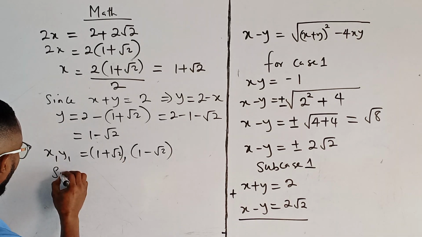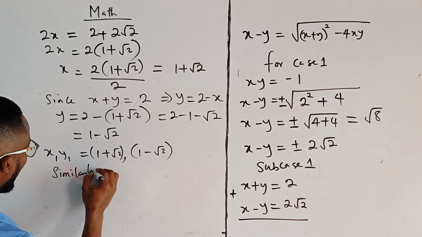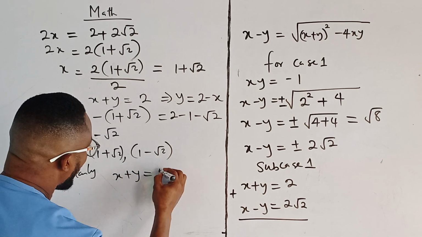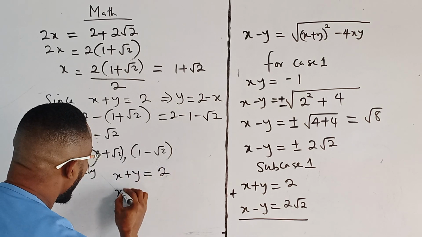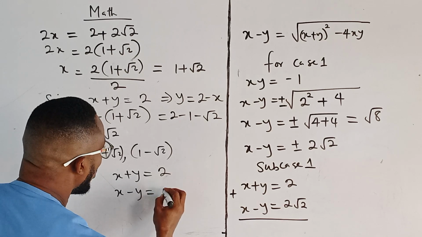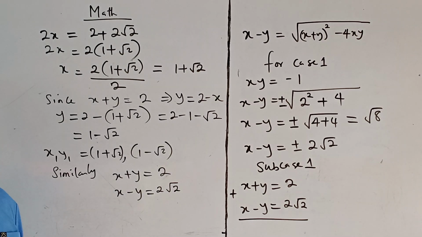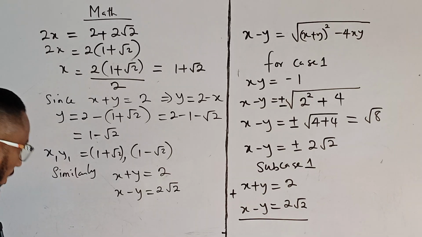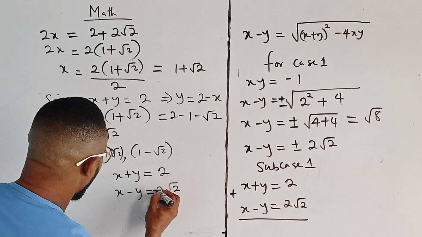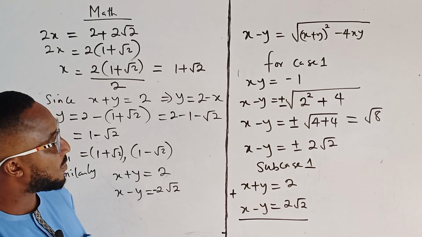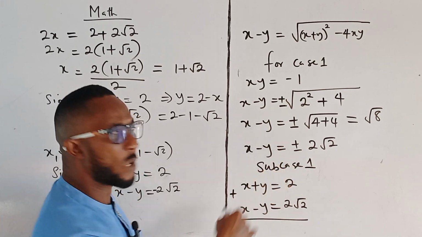Similarly, x plus y equal to 2. Then we have x minus y equal to 2 rad 2. Supposed to have called this one subcase 2, regardless. Then I'm going to have a negative value here because we said that the square root of 8 is plus or minus 2 rad 2.